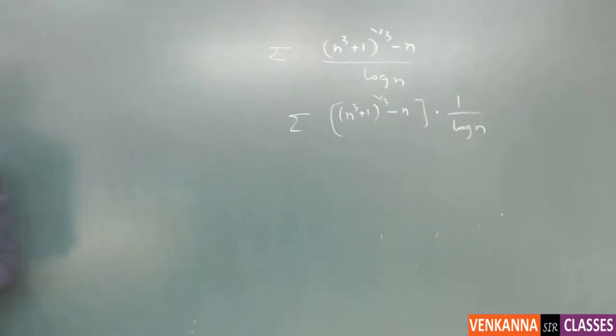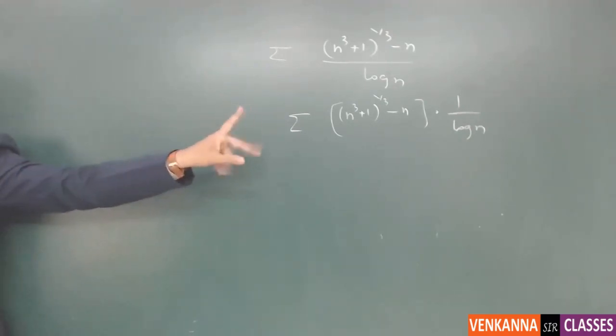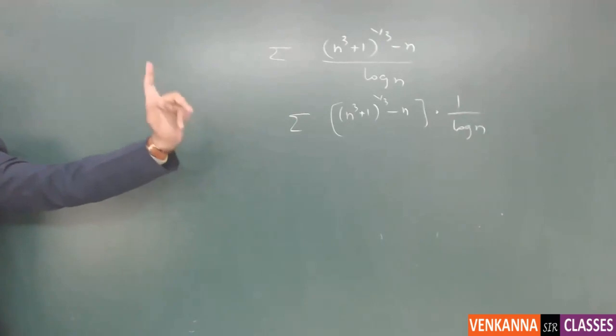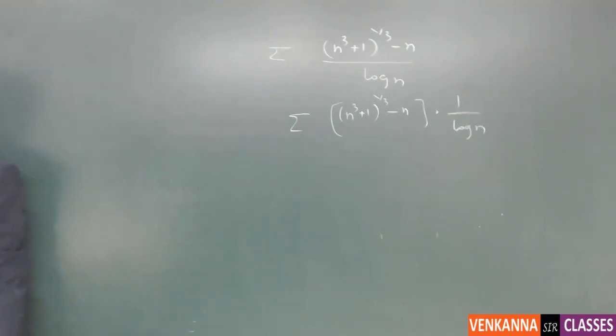It gives a small idea here. So that single series, we are feeling that it is the product of two series. One is 1 by log n, another one is this one. Will you agree?